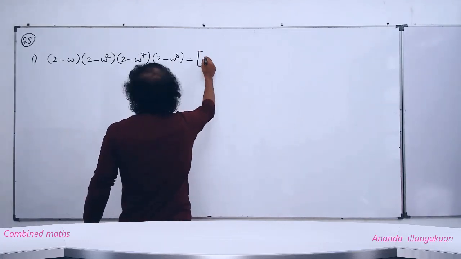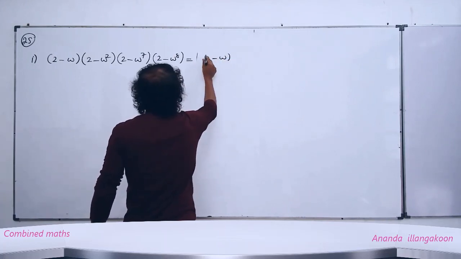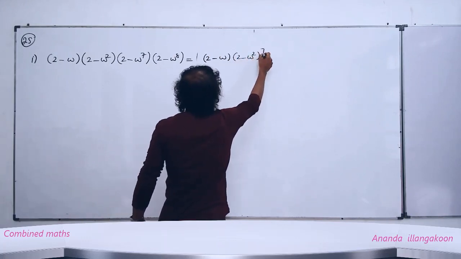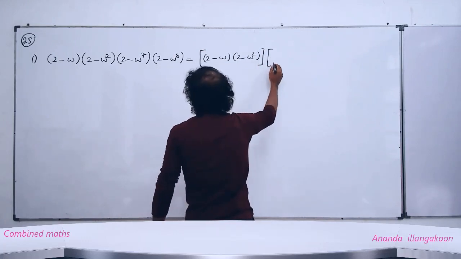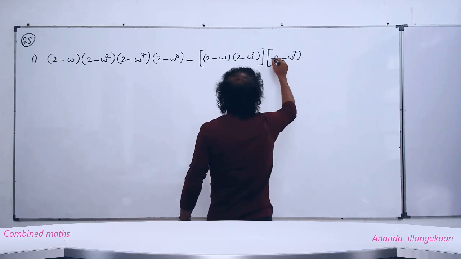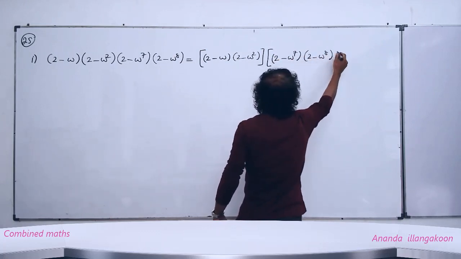First, I write the first two brackets together: (2 minus omega)(2 minus omega squared) this way together, and (2 minus omega 7)(2 minus omega 8) this way together.